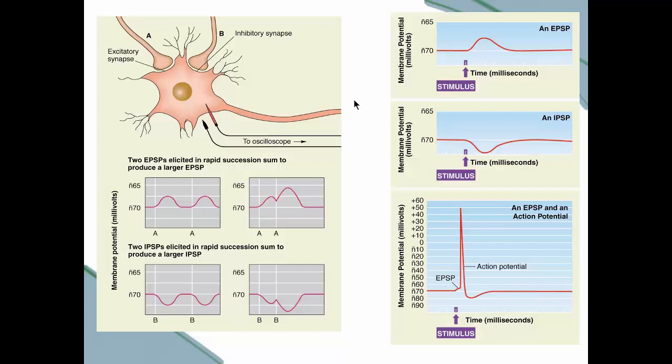If there's too much inhibition and not enough excitation, then of course the signal won't be generated. But here we see our excitatory potentials and inhibitory potentials, both here.